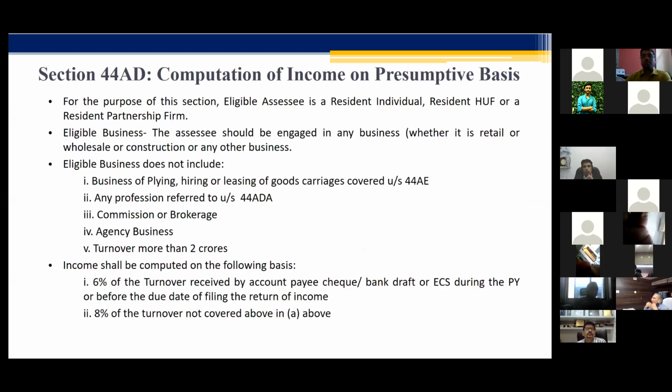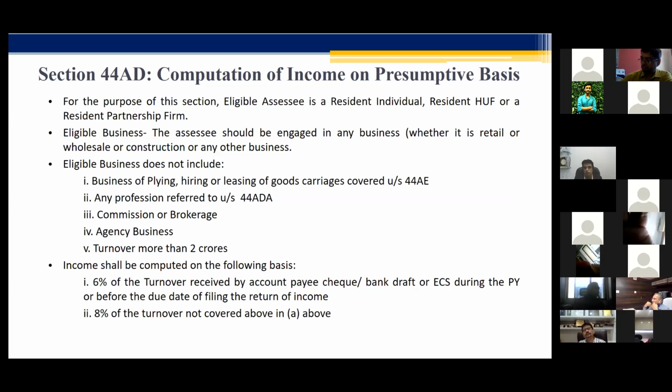Now coming to 44AD. Before 44AD, as you are aware, under the section 6%, if your turnover is below 2 crores, you are eligible to offer tax on presumptive business. Now, when we are comparing this interpretation, it's very important to ascertain over here also.